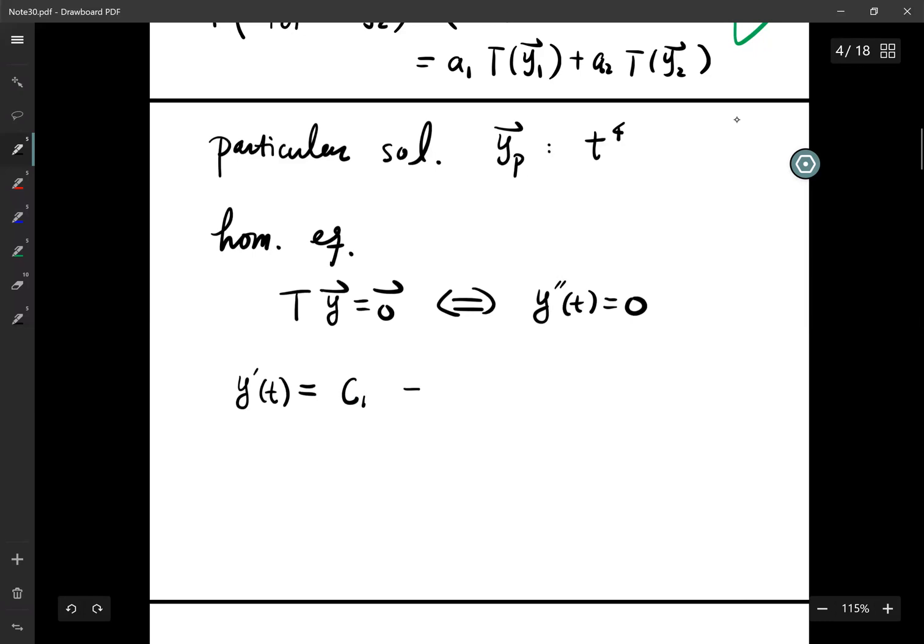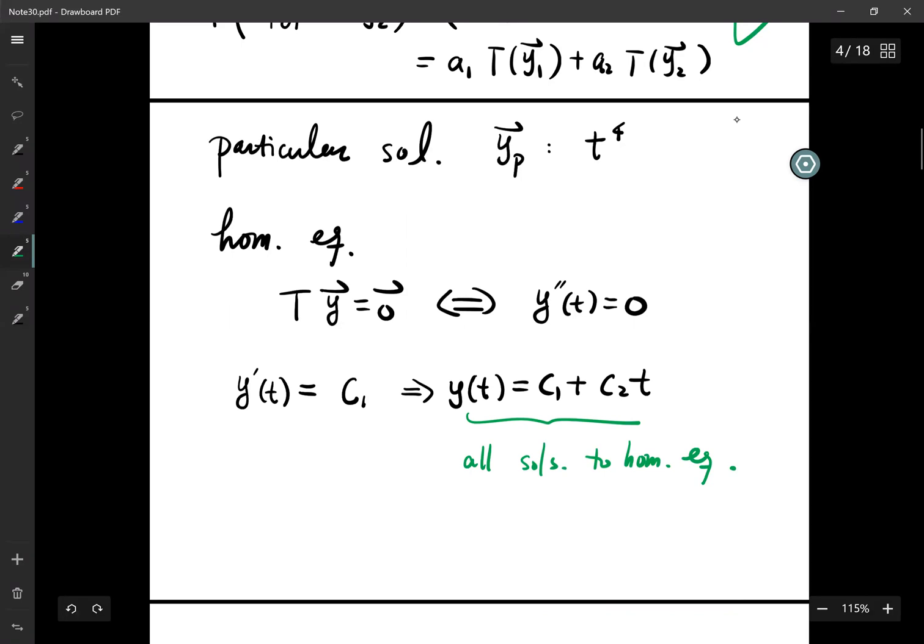Integrating again means that y(t) should be C1 plus C2 t, right? So these are all the possible solutions to the homogeneous equation. And therefore, the solution set is really the particular solution plus a homogeneous solution.